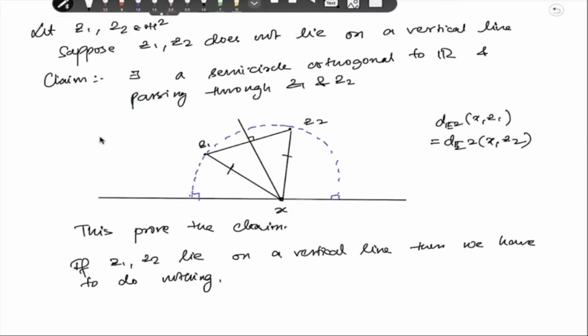If they do not lie on a vertical line, then what we have shown is that there exists a semicircle which passes through Z1 and Z2. And now, why does there not exist any other geodesic? Suppose I take two points Z1 and Z2; first let us take these two points on the vertical line.